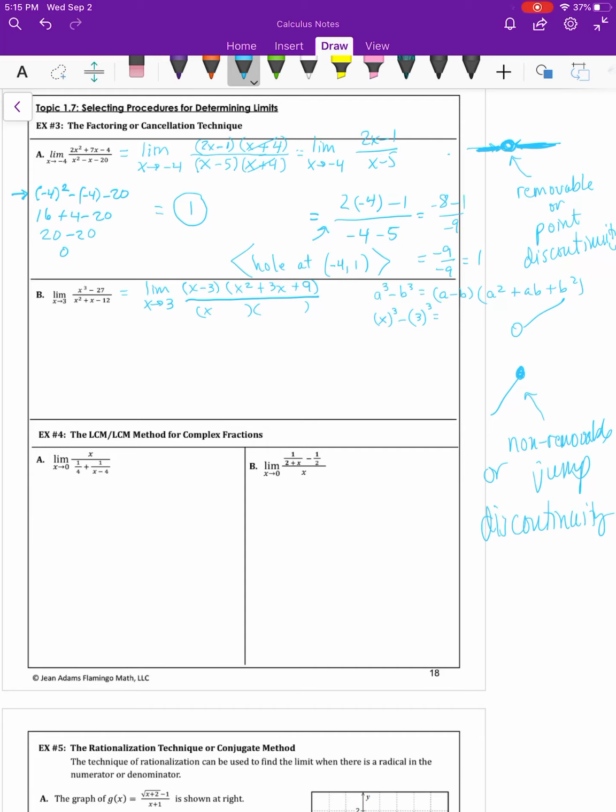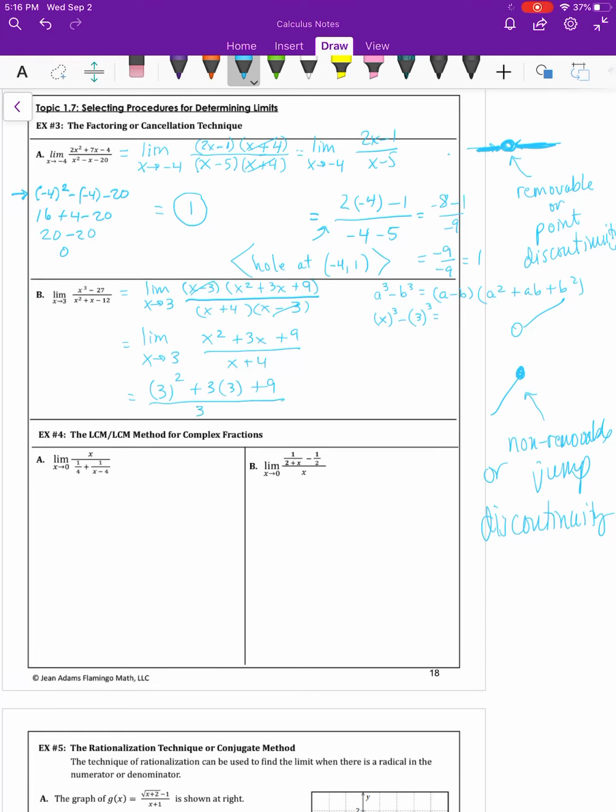And then my denominator, x and x. How about a positive 4 and a negative 3? When I multiply, I get negative 12. When I add them, I get positive 1. And I can see that my x minus 3's cancel there. So that leaves me with the limit as x approaches 3 of x squared plus 3x plus 9 over x plus 4. And now I can use substitution.